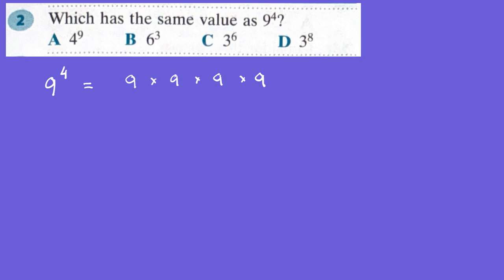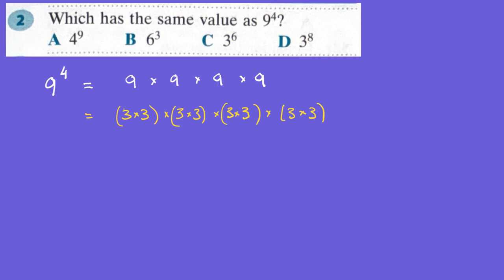A 9 is a square number, and 9 can be written as 3 times 3. And that means that this 9 can also be written as 3 times 3, and this third 9 can be written as 3 times 3, and the fourth one can also be written as 3 times 3. Now we've got lots of 3's in here.